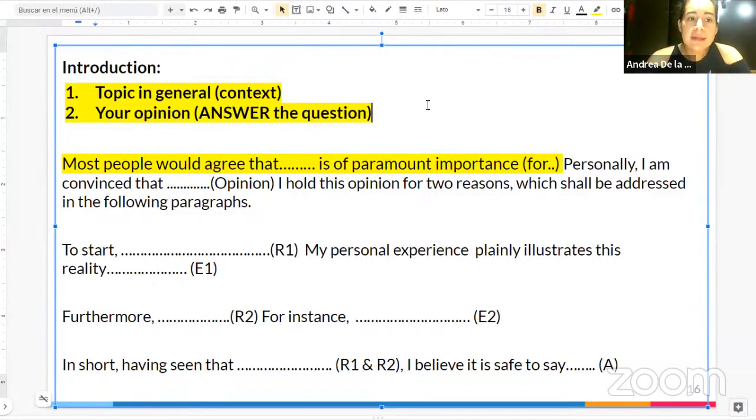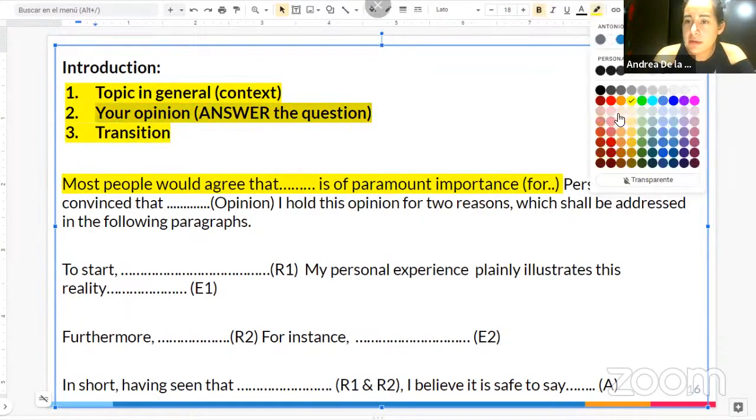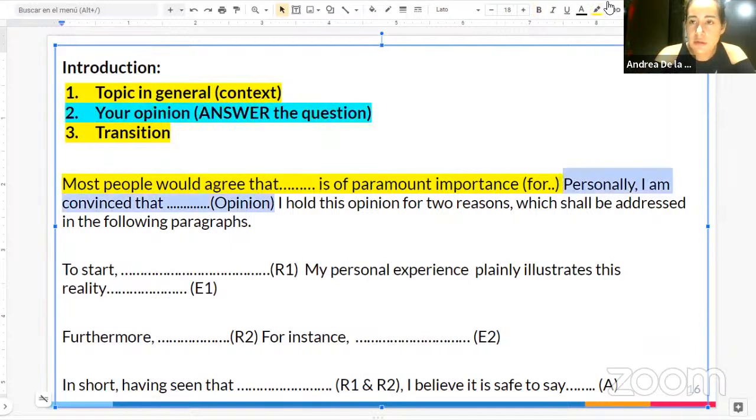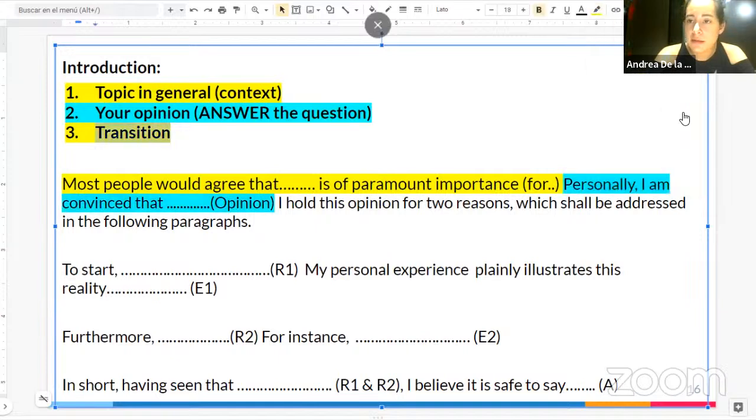Okay? And the third sentence is a transition. Now this is something that you're going to memorize. No problem there. Okay, I'm going to paint them in colors so that you can know which one is which. All right, so I'm highlighting them.